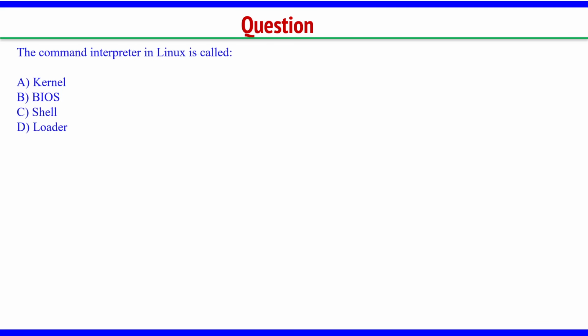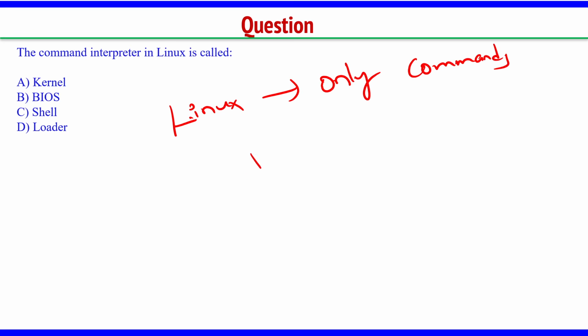Okay. Then the command interpreter in Linux is called. Okay. So Linux is an operating system and we use only commands in Linux. So what is that interpreter? Interpreter is a kind of translator. It translates the program you are giving into machine understandable format.